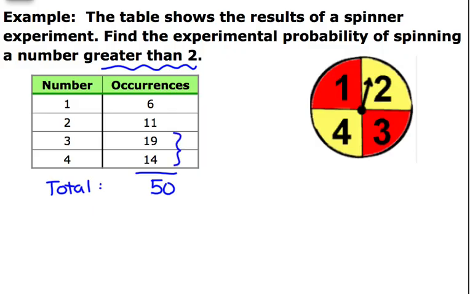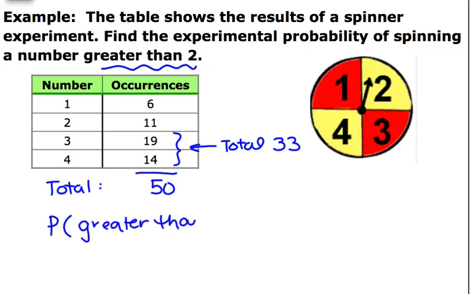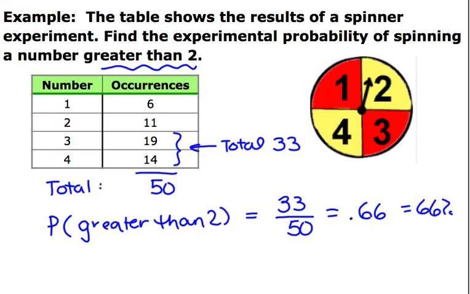So we're going to total up 19 and 14. So 19 plus 14 is 33. So the probability of getting a number greater than 2, we had 33 times that it happened out of 50 trials, or 0.66, or 66%.